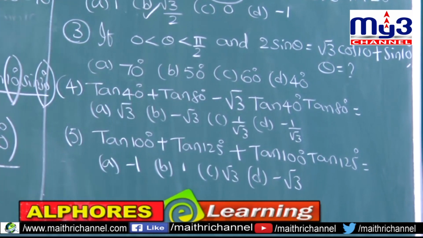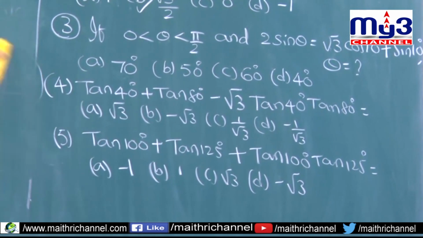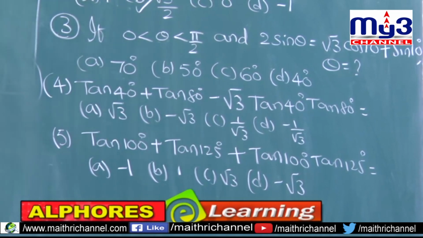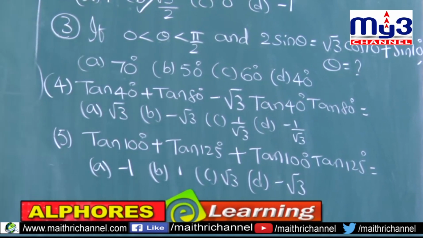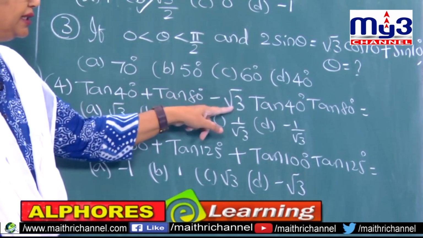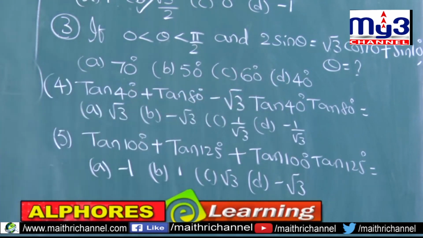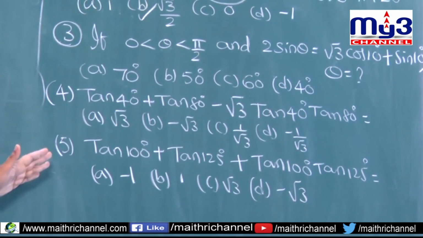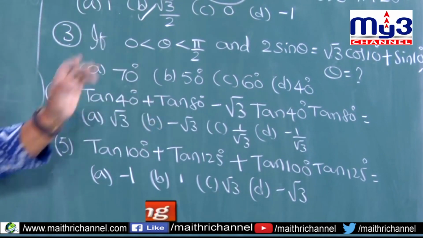Now how to solve the fourth problem? First observe the fourth problem, students, clearly. What is the fourth problem given? Tan 40 degrees plus tan 80 degrees minus some value also given extra, understand. So every time make sure tan of A plus B is not equal to tan A plus tan B, the extra value is also there.